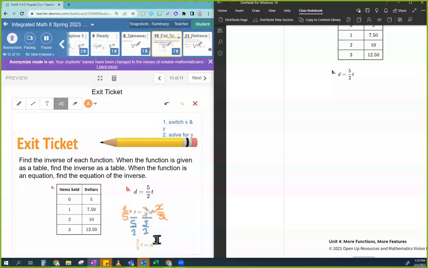When you're checking your answer, you're just going to plug one into the other, to see if you get this. Okay. So for example, I'm going to plug this into here and see if it gives me the answer.